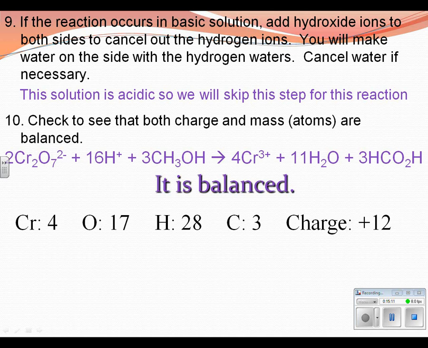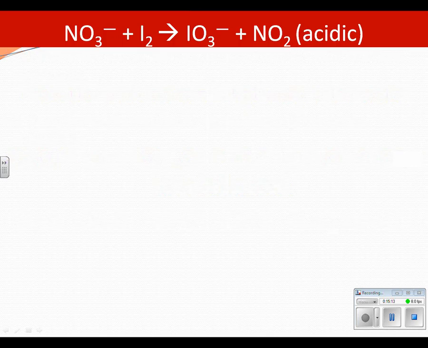Let's try another. All right, again, the first thing we need to do is go ahead and figure out what's oxidized and what's reduced. So when we do that, we are going to have to find our oxidation numbers. So if you need to pause this, go ahead and pause it, find the oxidation numbers, and figure out which was reduced and which one was oxidized.